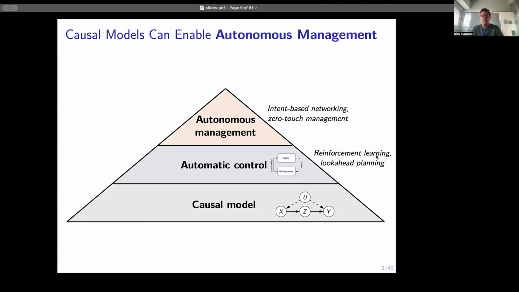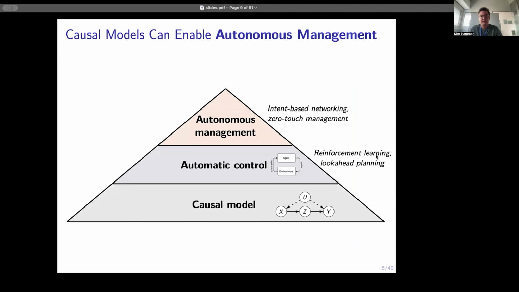So motivated by all of these potential benefits and use cases of a causal model, we have developed a new method for learning a causal model online based on system measurements, which is illustrated in this figure here. At the center, we have our network system.